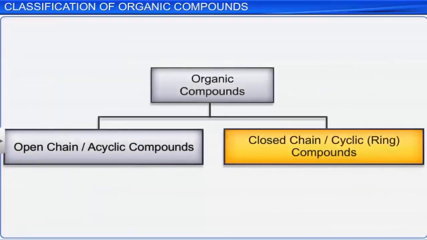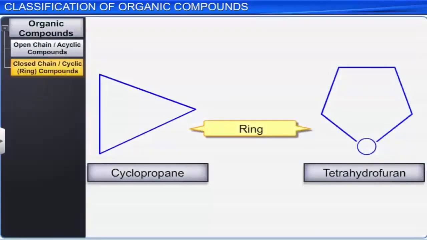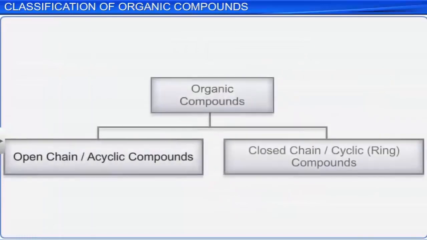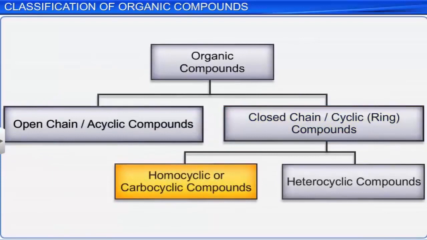In a cyclic or ring or closed chain compound, the carbon atom and any other atom, if any, are joined together to form a closed ring. For example, in cyclohexane, 6 carbon atoms join together and form a closed ring. Cyclic compounds can be further classified as homocyclic or carbocyclic compounds and heterocyclic compounds. The word homo means same.